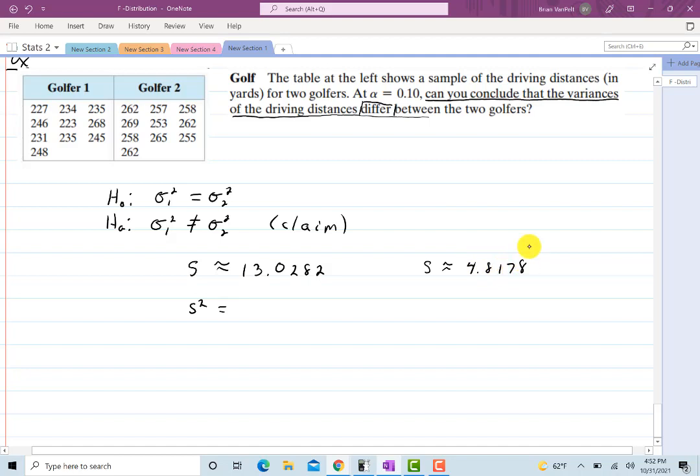So now, based on this, since I see that the left S is bigger than the right S, I can put my 1 here now. And I was way too excited. I shouldn't have done that. I need to take this and square it.